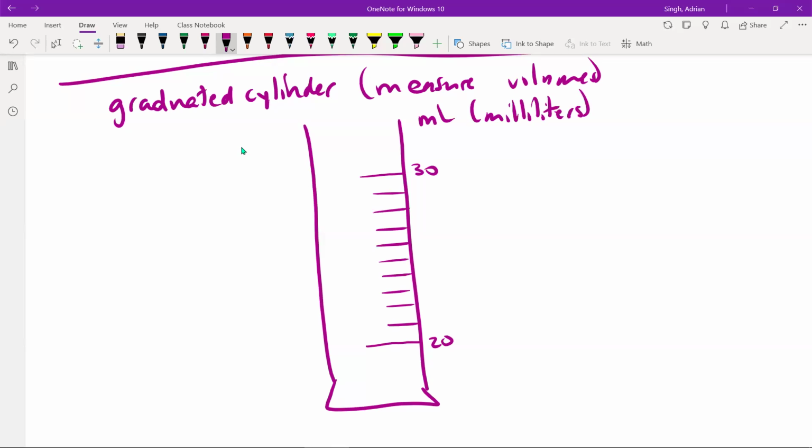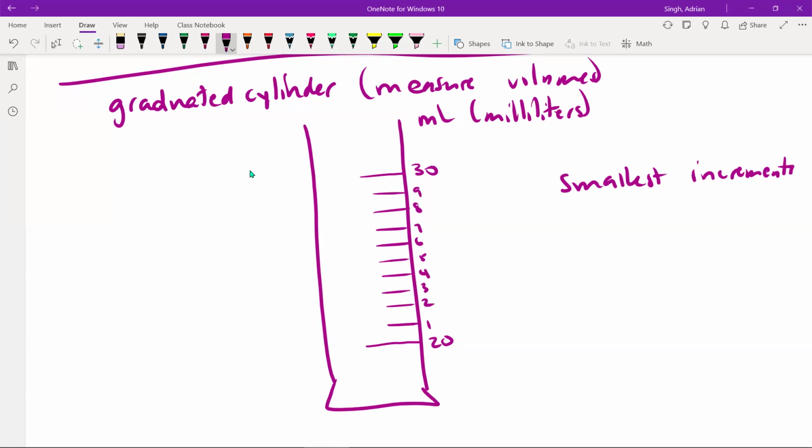We'll talk more about metric units a little bit later on. So here, my smallest increment, even though there aren't any numbers next to these small increments, you need to realize that this goes up by 1. So this would be 21, 22, 23, 24, 25, 26, 27, 28, 29, and then 30.